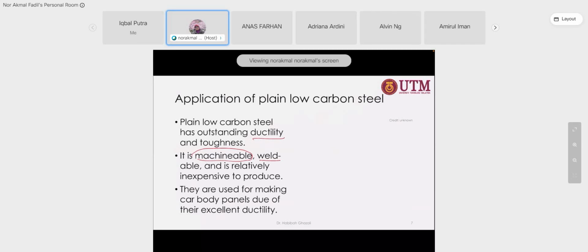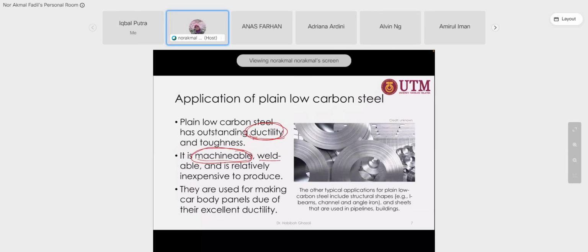To make it easy to machine, it requires ductility. So the application is always related to the properties, and the process is also always associated with the properties. If you need to conduct a machining process, make sure your metal has sufficient ductility. To obtain high ductility, you require low carbon. If you have high carbon, there's no longer sufficient ductility for this kind of application.